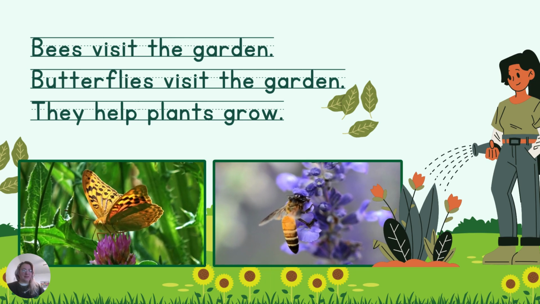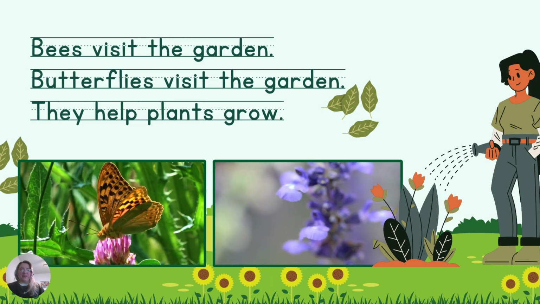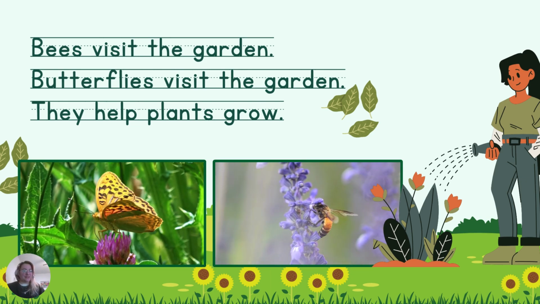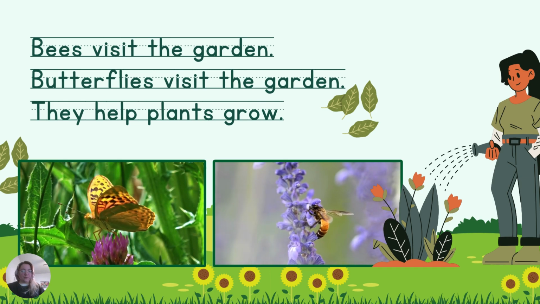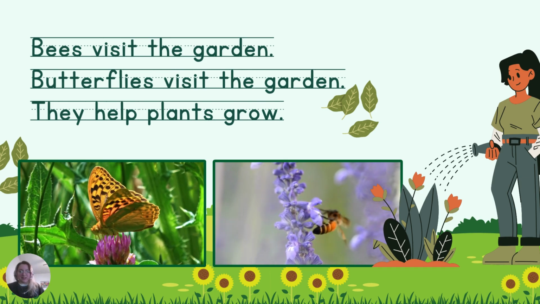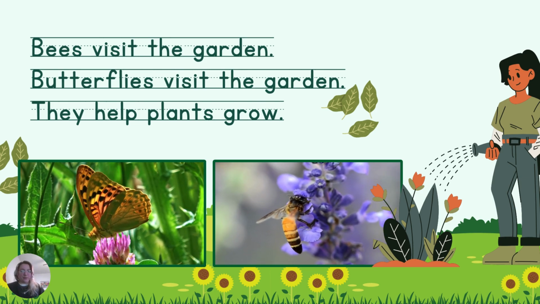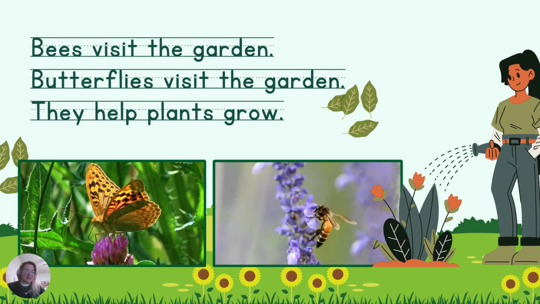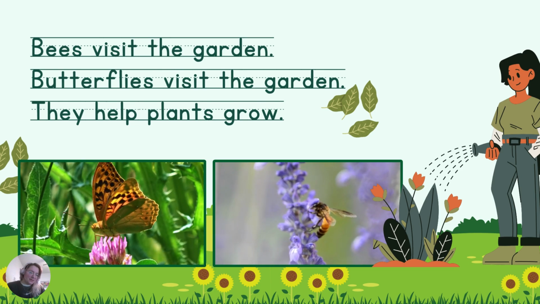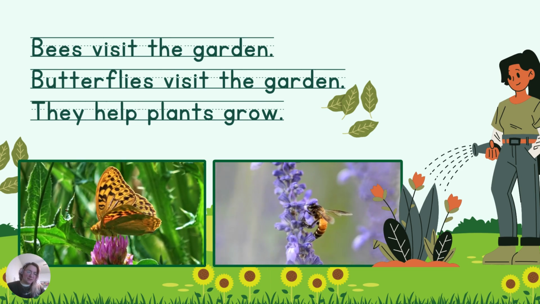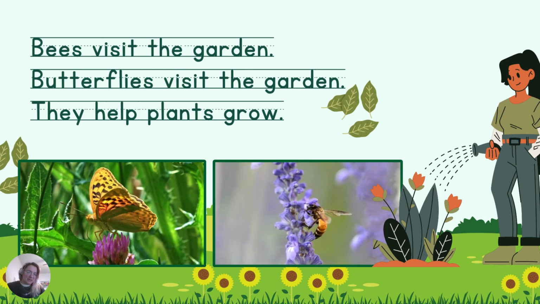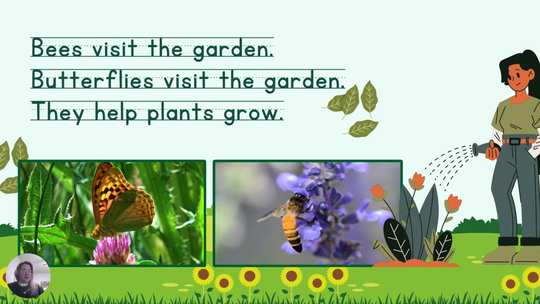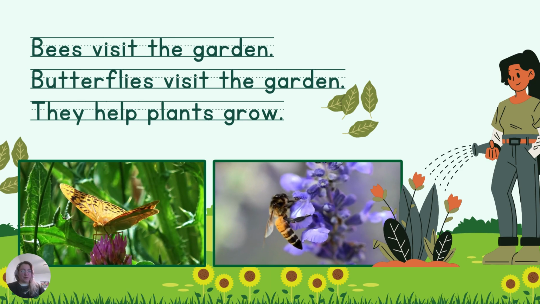Bees visit the garden. Butterflies visit the garden. They help plants grow. What are they doing? How are they helping? Very good. Yes. Look at them spread pollen. This butterfly is eating the nectar. This bee too. They're going to spread pollen from flower to flower. That helps the plants grow.